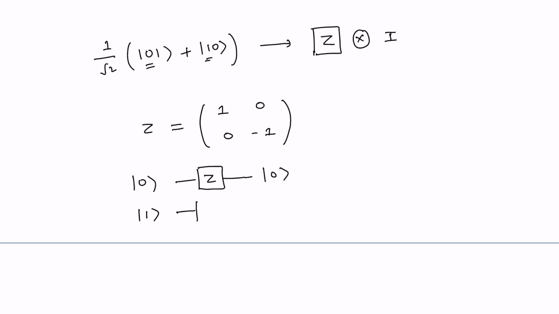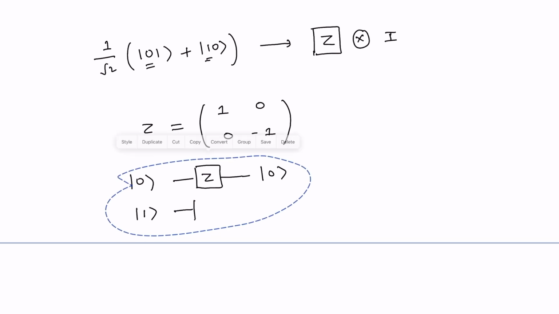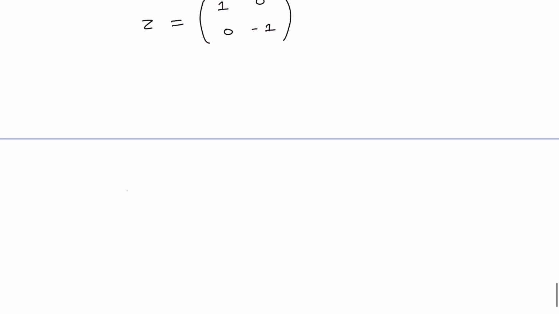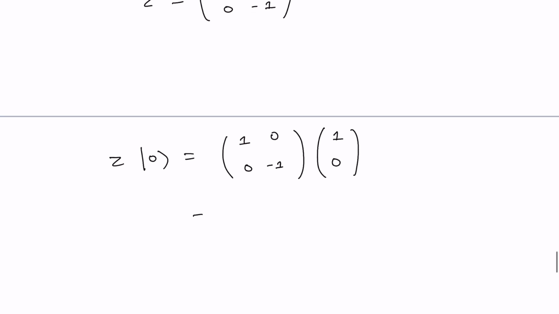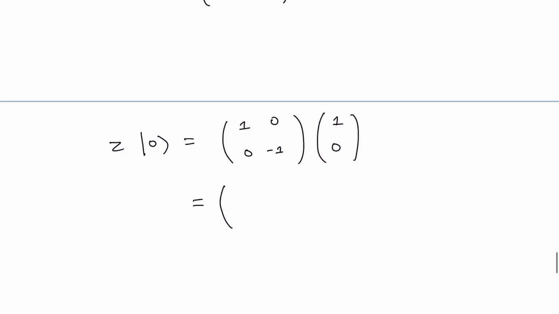Let me explain it in a clearer form, the operation of the Z gate and Y gate, using matrix operations. When Z operates on |0⟩, we write the matrix [1 0; 0 -1] times [1; 0], and the matrix multiplication gives [1; 0], so it remains |0⟩.